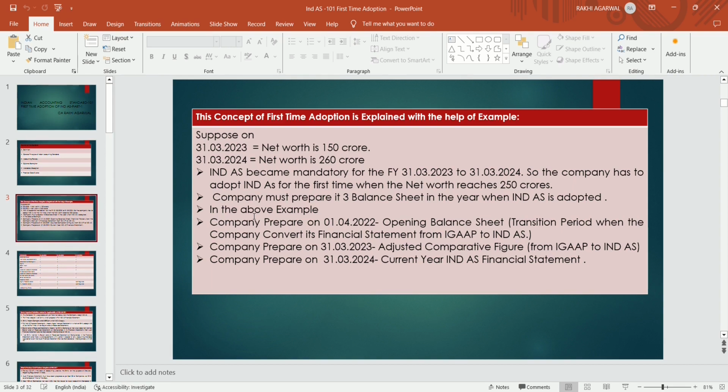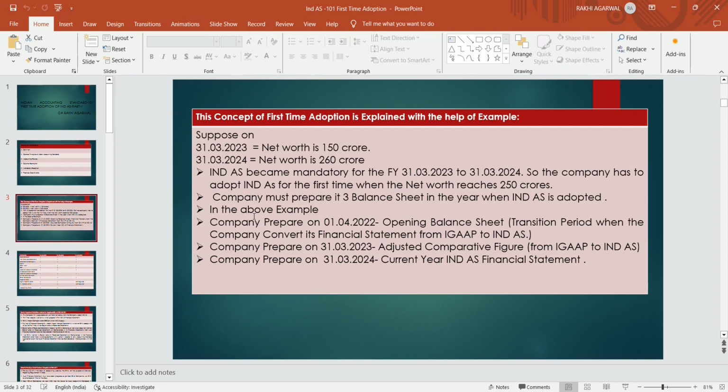So it has become mandatory for the entity for the financial year 31st March 23 to 31st March 24. So it becomes mandatory for the entity whose net worth exceeds 250 crores in that year. Ind AS is applicable on that company, and it becomes mandatory for that entity to apply Ind AS.